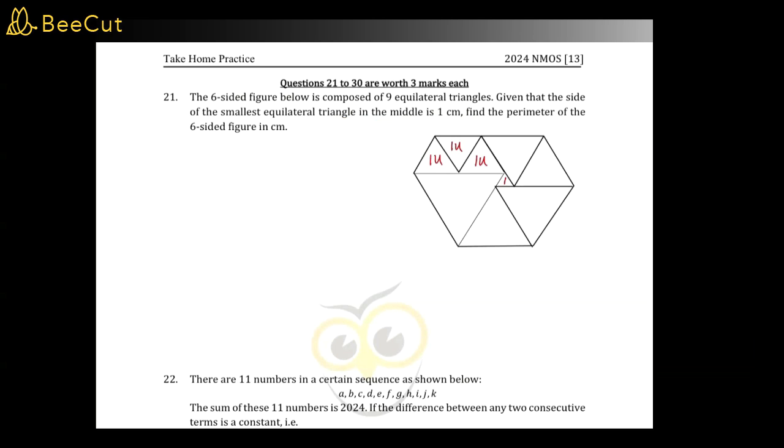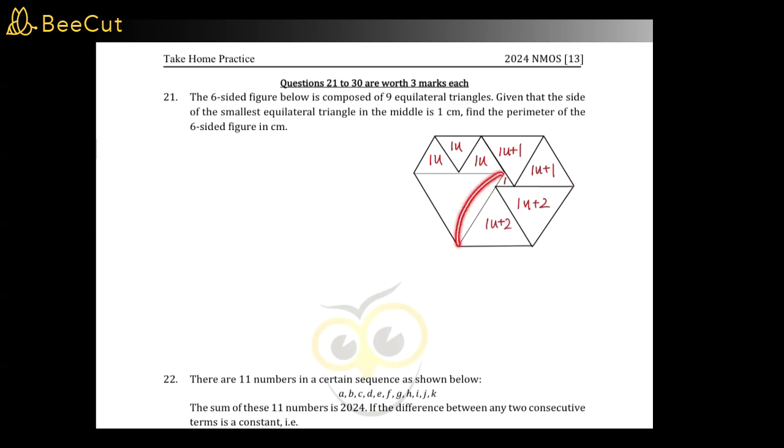Okay. So we check this part. There's 1 U plus 1. And then the next one, these two are the same. There's 1 U plus 1. Now you check this side is 1 U plus 2. 1 U plus 2.